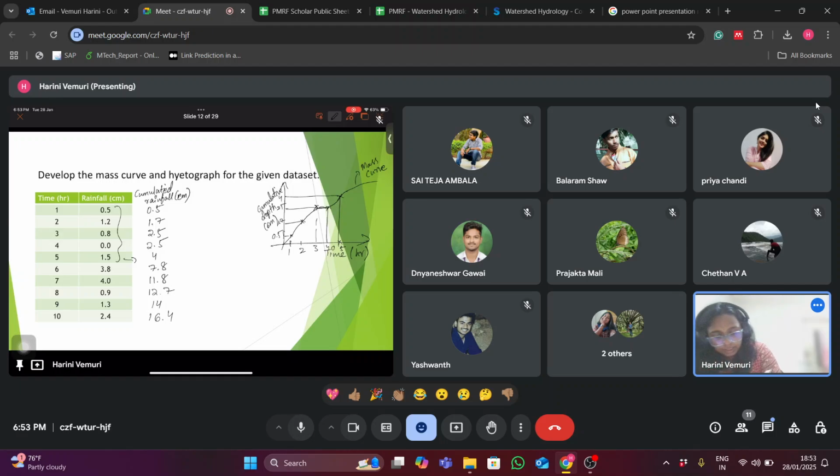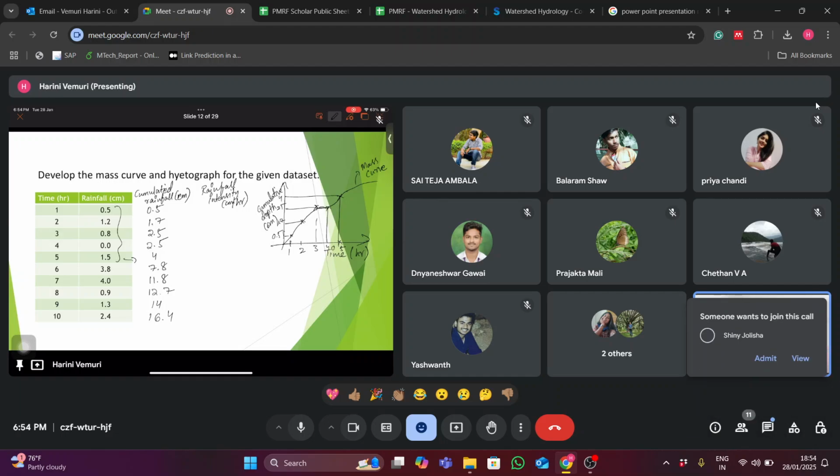Okay. So how do you plot a hydrograph? It is rainfall intensity versus time. So now we will find rainfall intensity, whose units are centimeters per hour. Since the interval is 1 hour duration, whatever the rainfall is will be our rainfall intensity.